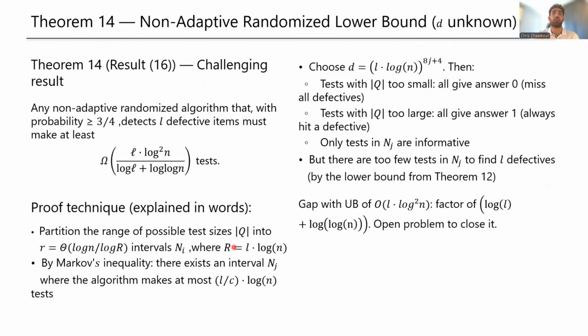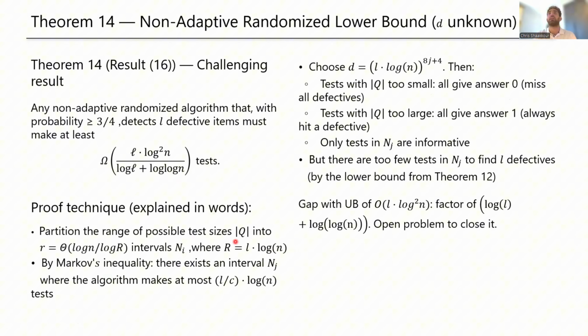Okay, so we plug R to equal L times log n, and we get that by Markov's inequality there exists an interval N_j where the algorithm makes at most L divided by C times log n tests. And from here, we can choose D to be L log n to the power of 8j plus 4. And then tests with size Q too small all give answer 0, missing all defectives.